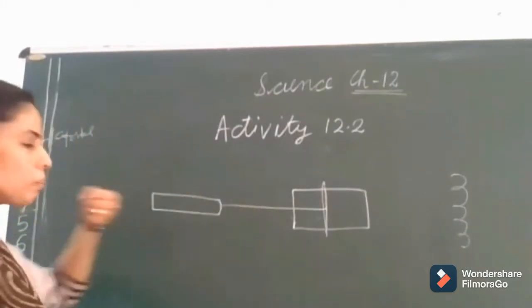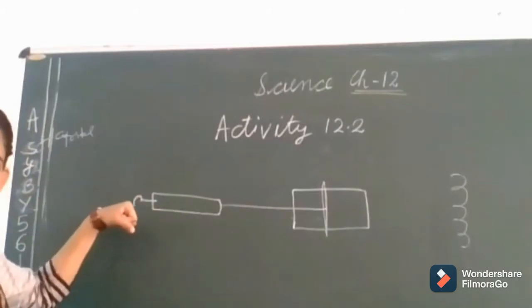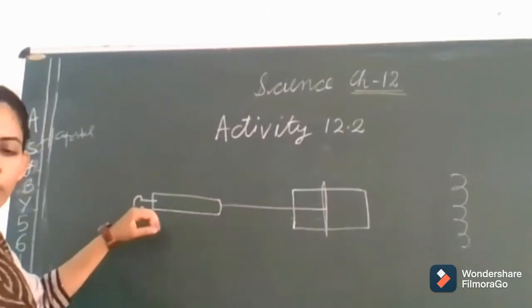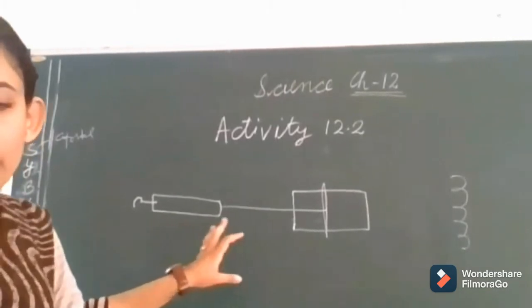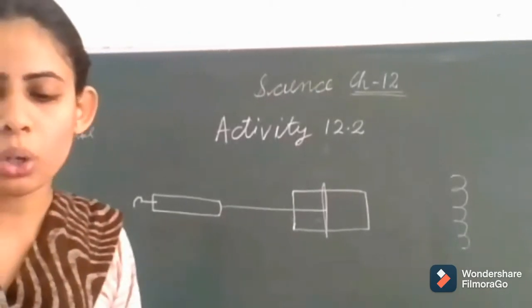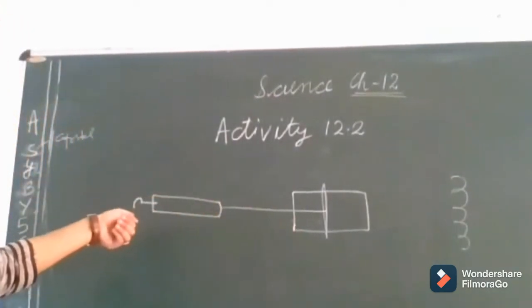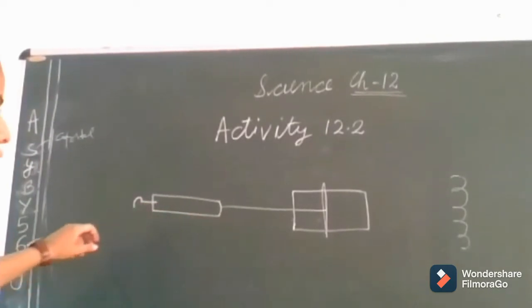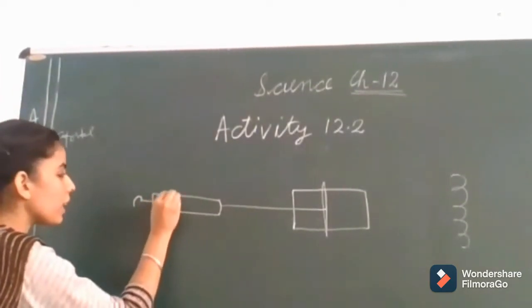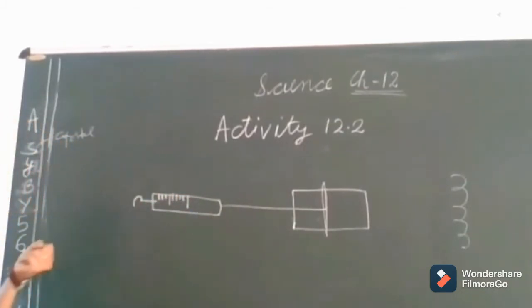Now I will pull it. Okay. So what will happen then? You need to apply some force. Note down the reading. You have to pull the brick. You need to apply some force, and you will get a reading on the spring balance of how much force you are applying.